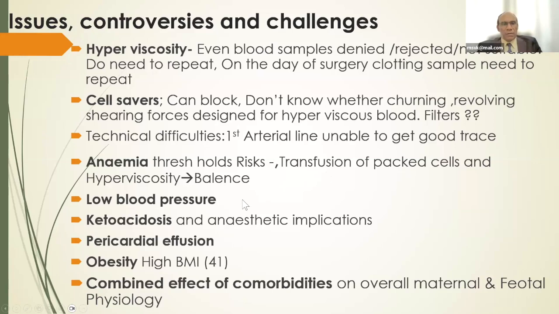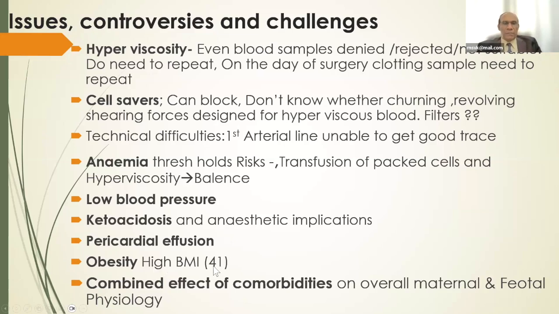The other issues are the low blood pressure, and then ketoacidosis and its anesthetic complications. The third issue is the pericardial effusion. Her pericardial effusion is 8 millimeters, which is the higher side of a mild pericardial effusion, but it can have a 30% tamponade effect.